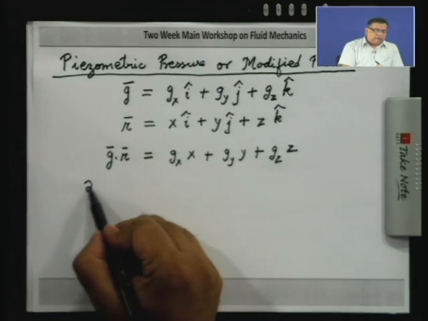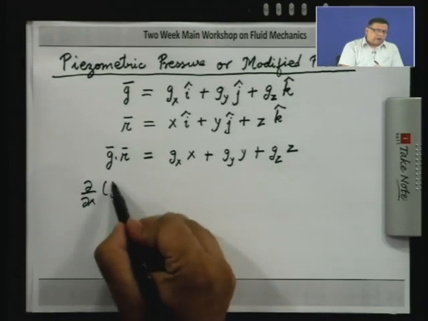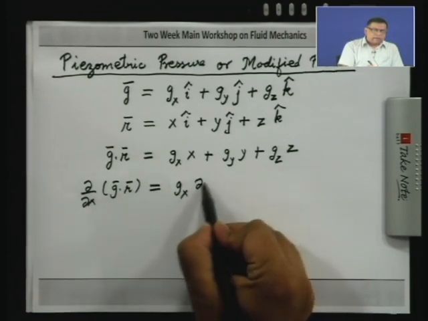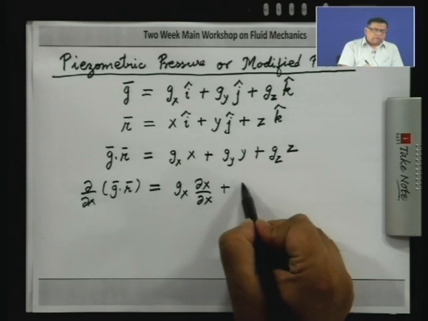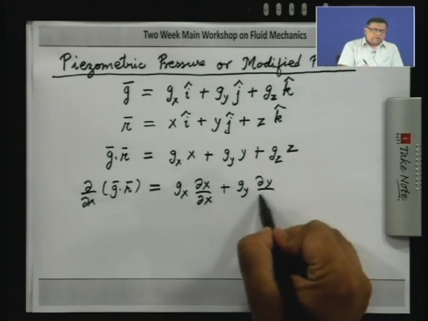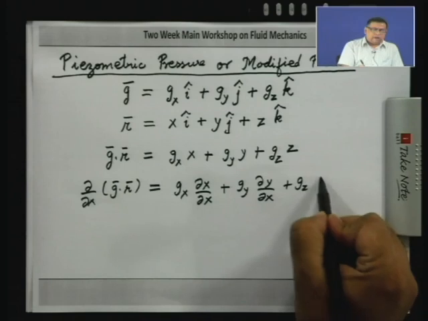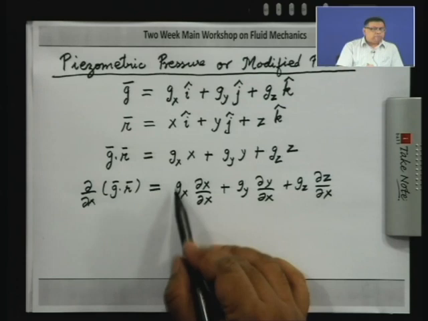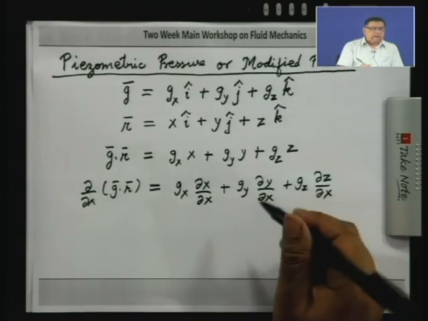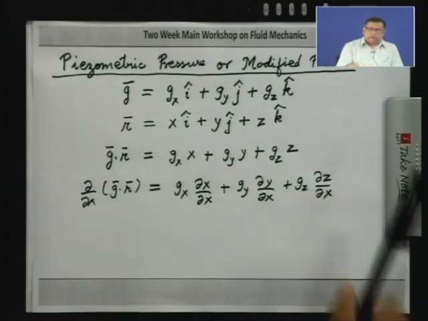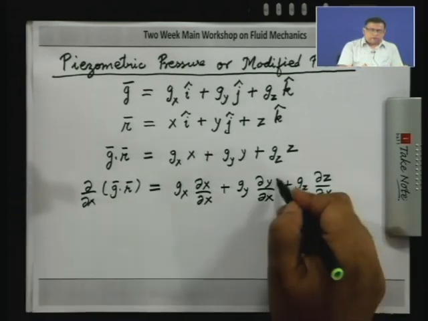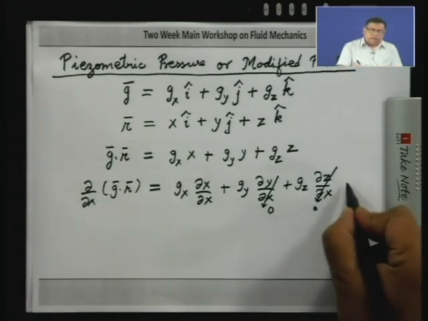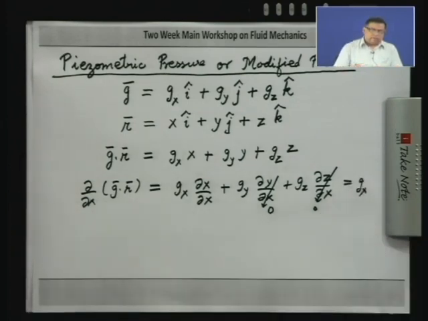Now, if you look at del/del x of g dot r, you are going to have g x del x plus g y del y plus g z del z, all over del x. g x, g y, g z are constants, so they can be pulled out of the derivative. Now, since x, y and z are independent coordinates, these two terms are 0 and del x/del x is 1. So, this is simply g x.